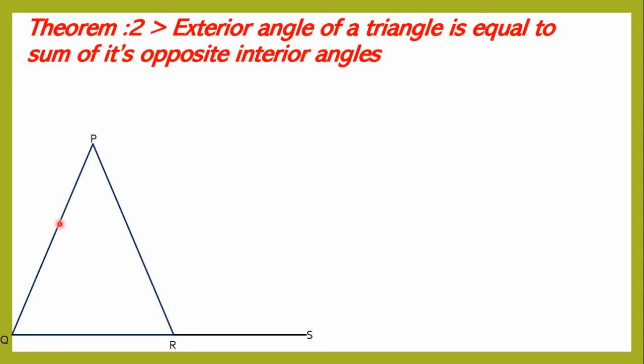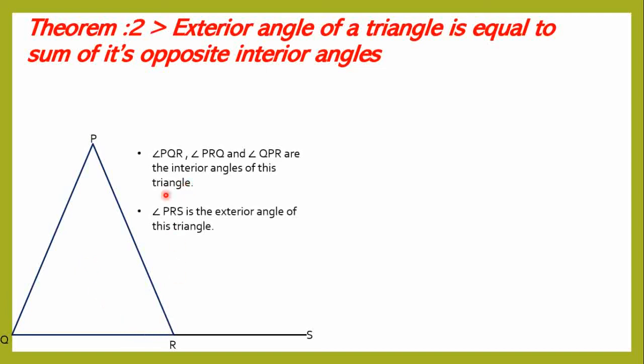In this triangle, angle QPR, angle PQR, and angle PRQ are the interior angles of the triangle, right? Already we know that these three angles are the interior angles of the triangle, but this new angle, angle PRS, is called the exterior angle of this triangle.